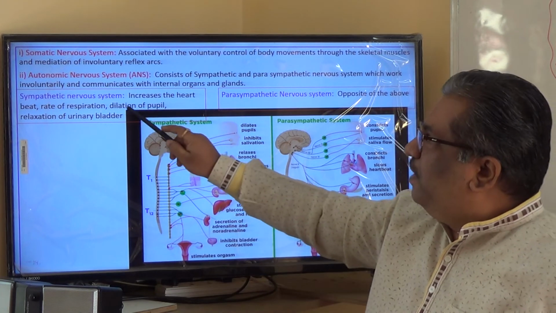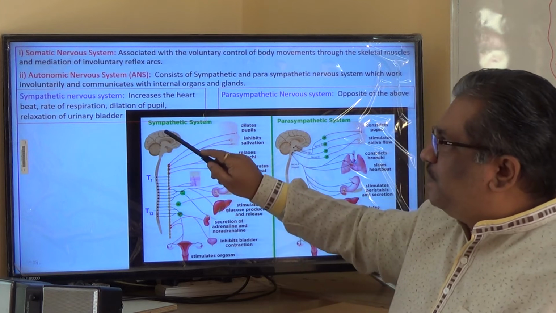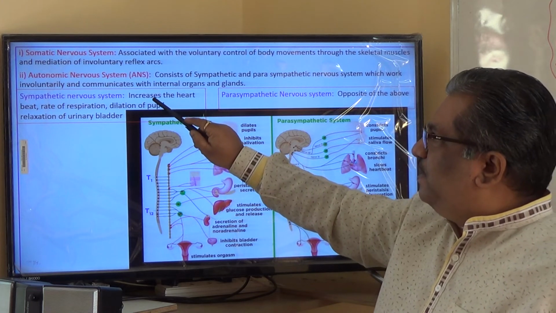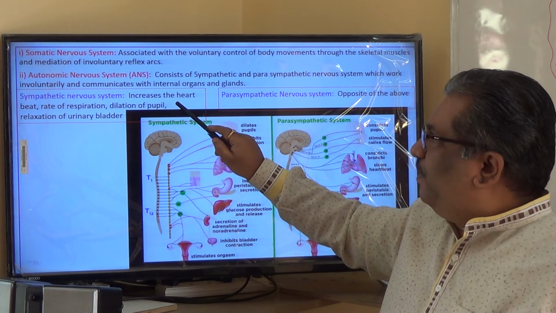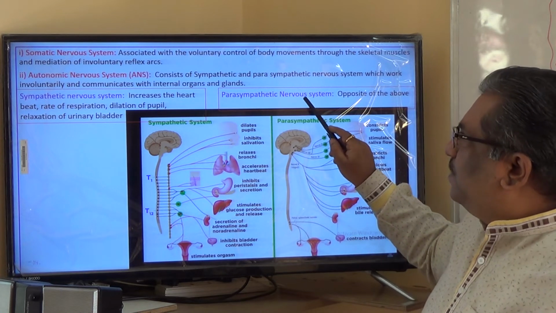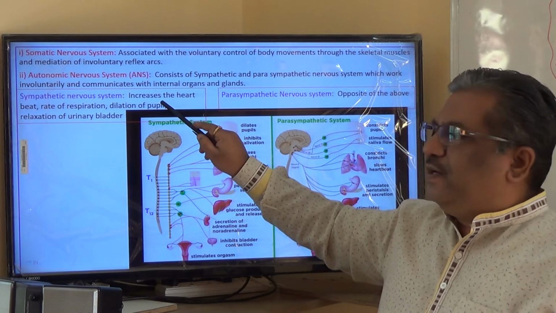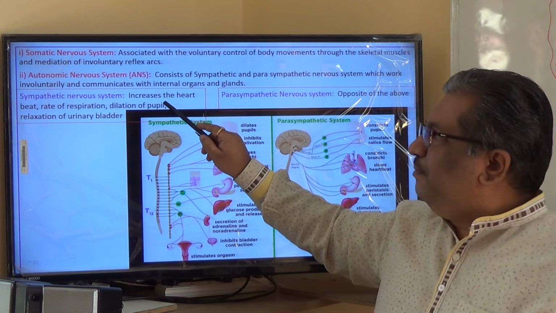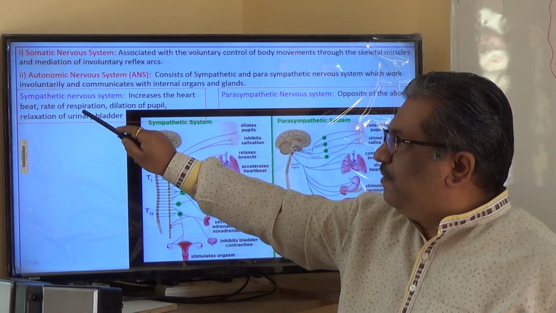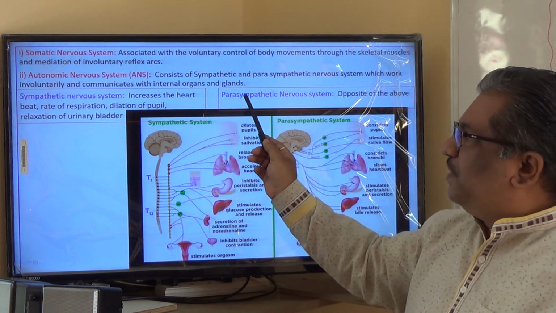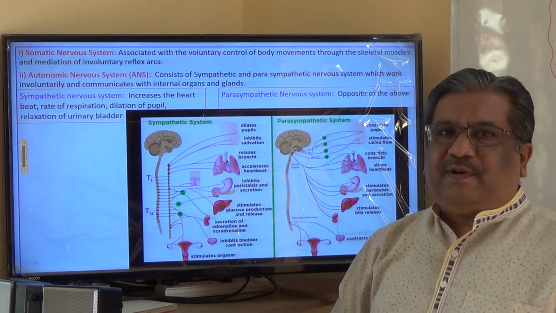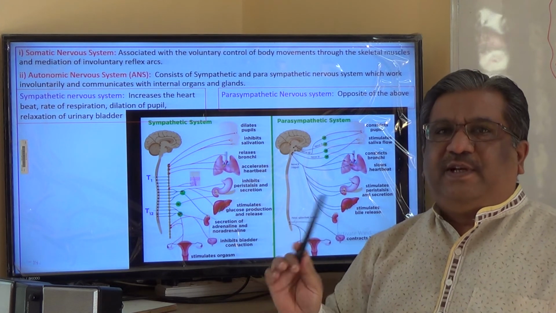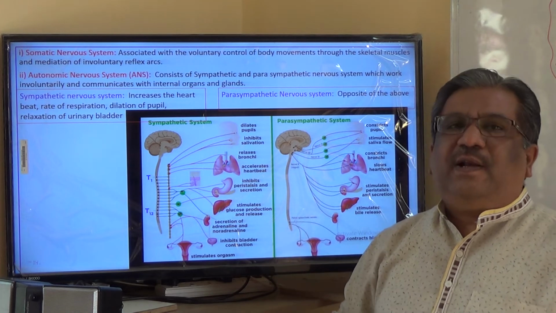So, if the sympathetic nervous system is responsible for increasing the heartbeat, parasympathetic nervous system decreases the rate of heartbeat. If this increases rate of respiration, parasympathetic decreases the rate of respiration. So, they are opposite in nature, but definitely required.